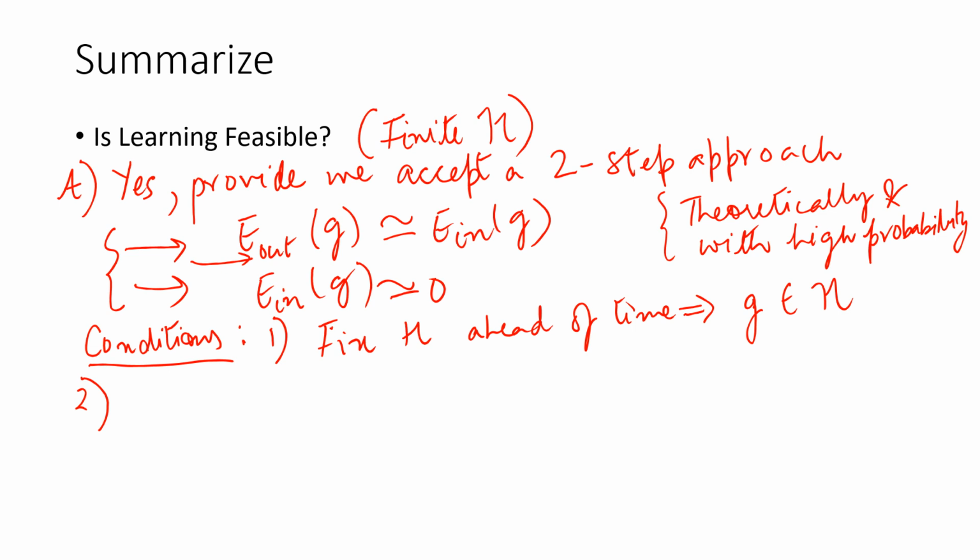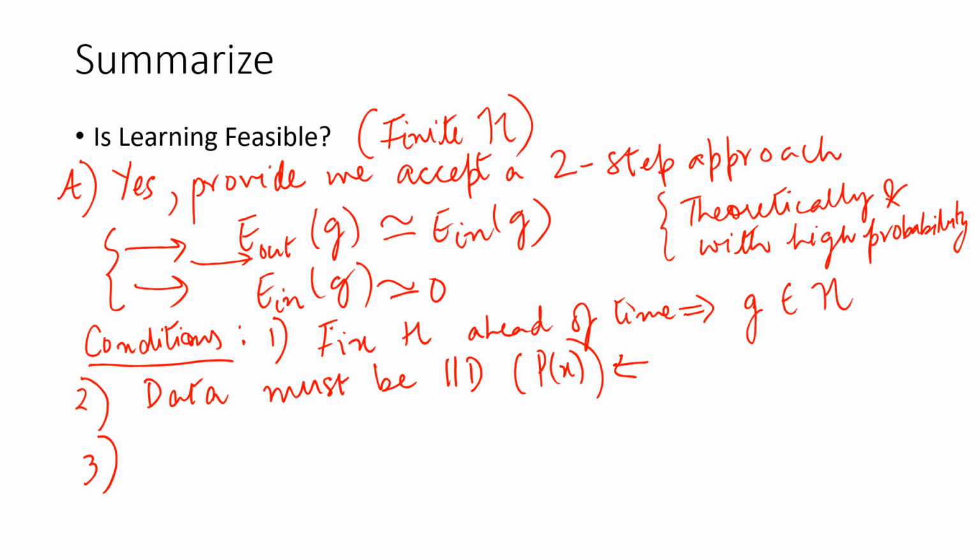So the second condition is data must be IID, maybe from some probability distribution P of X. Again, there's no restriction on what that is going to be. The third condition is that this E out of g is for a random test point that came from P of X. So basically the test point also comes from the same distribution as this one.